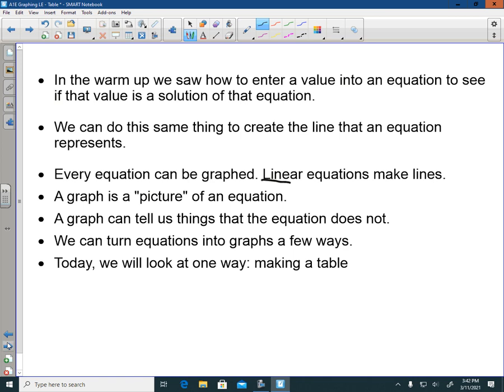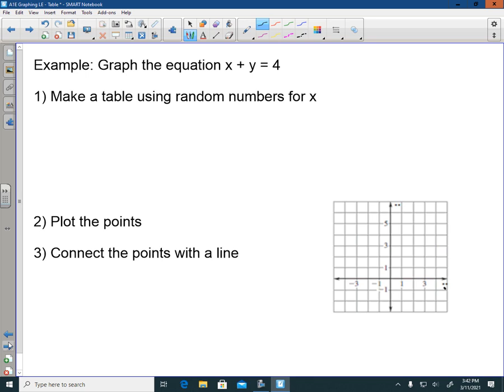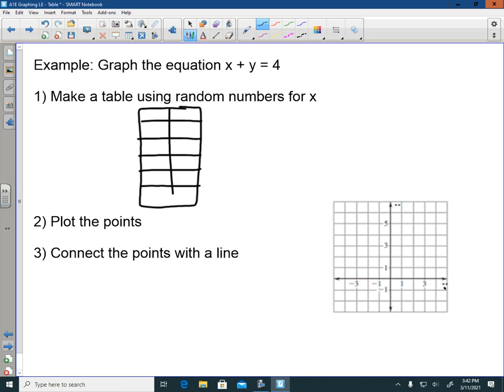So here's the basic idea. If you want to graph the equation x plus y equals 4, then the first step is to make a table using random numbers for x. So here's what I mean. Typically, you'll see a table that looks like this. And you've got x values and y values.